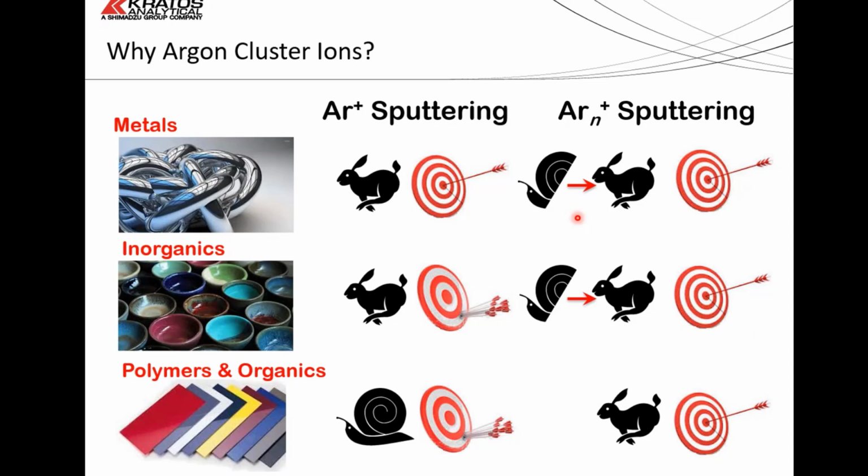But polymers and organics is where it really does shine, and that's really important for a lot of new materials, where it gives excellent accuracy at really good speeds. So it makes sputtering analysis, particularly 3D analysis, of a whole host of materials readily available to the surface analyst.